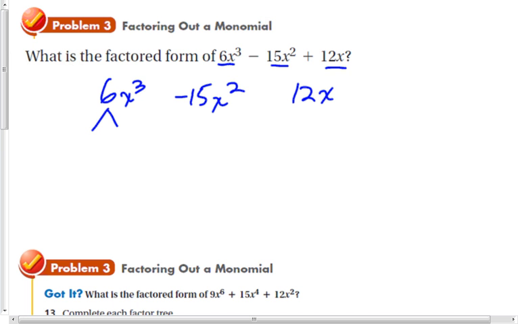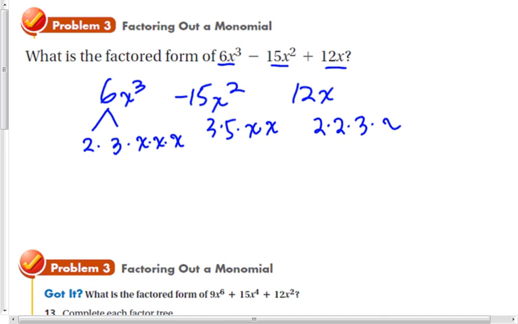So looking at the factors without the negatives, we have a 2 and a 3, and then we have 3 x's. We have a 3 and a 5 here, and 2 factors of x. We have 2 2's, a 3, and an x here. So if we take all those together, what all of them have in common is a 3 and an x.